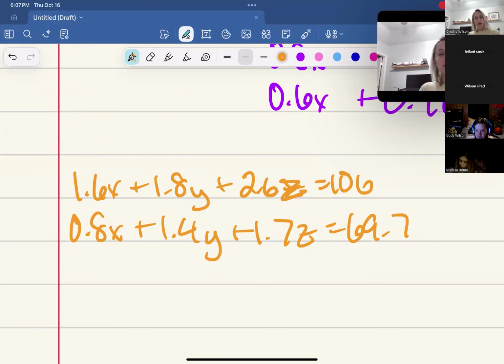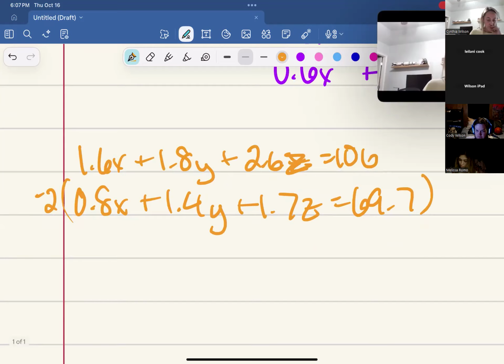All right, so if I want to eliminate those x's, then I'm going to multiply that bottom one by -2 so that when I add them together, they're going to cancel. So distributing, oh my gosh.